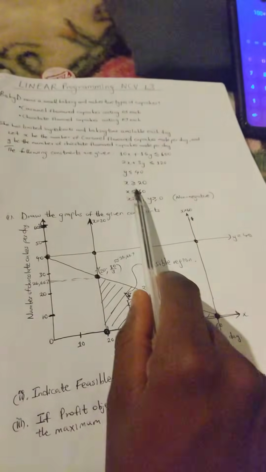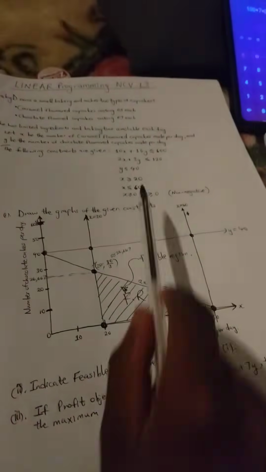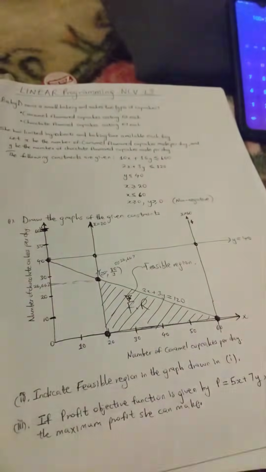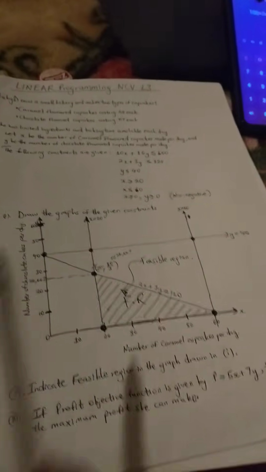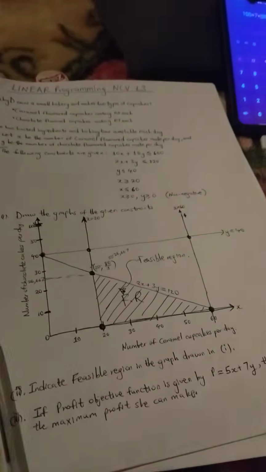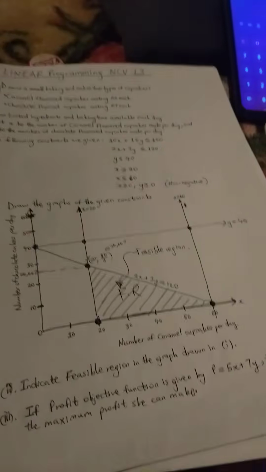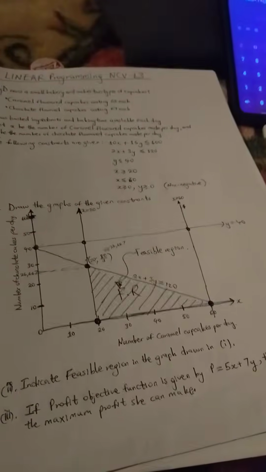The Y lines are always horizontal. Y equals 40, like this. X lines, vertical. Now also read off saying, okay, if you have that vertical line and it says X greater than or equal to 20, meaning you're starting from 20 and above, not below. You disregard the one that's less than 20. That's how you treat this question.